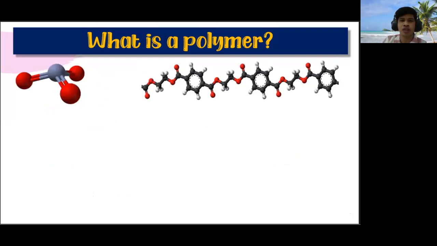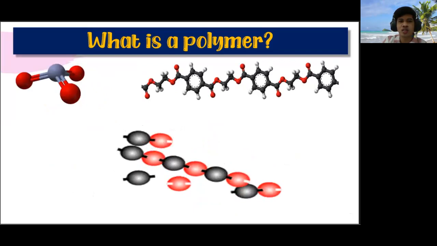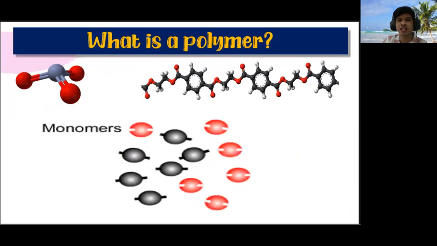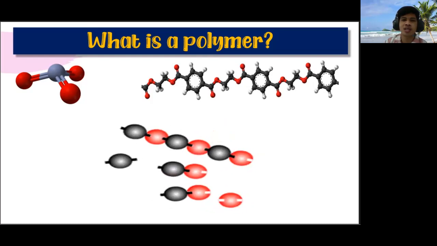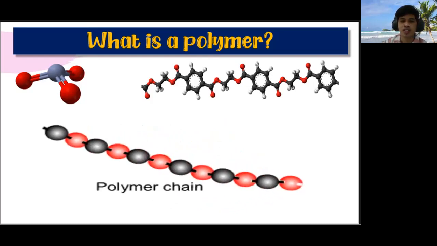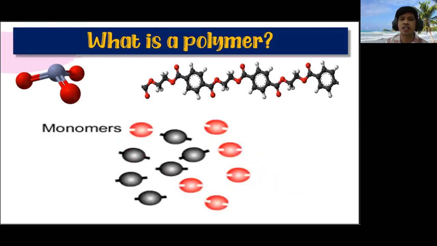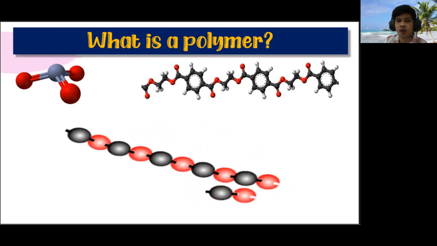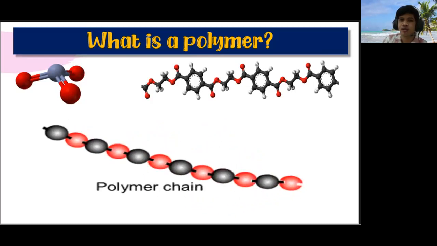We start from monomers, and they join together to form a polymer chain. It starts from simple monomers and then forms a covalent bond to form a polymer. Again, this process is called polymerization.